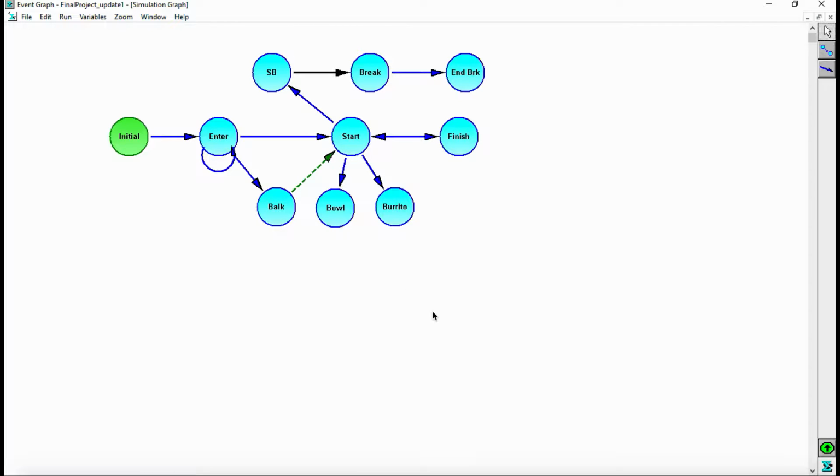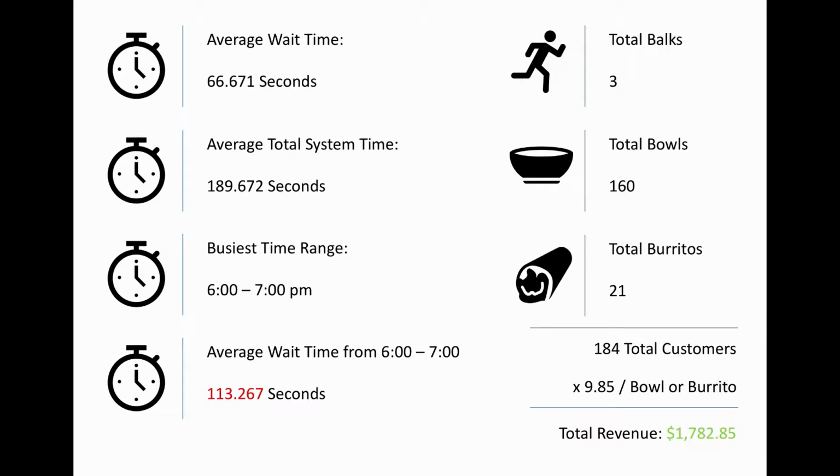Now, after we ran the simulation, we got an output, and the key points are shown here. With 2 servers, we got an average wait time of 66 seconds, while the average total system time was about 189 seconds, and that followed along very closely to what we saw in real life when we were watching the Qdoba line.